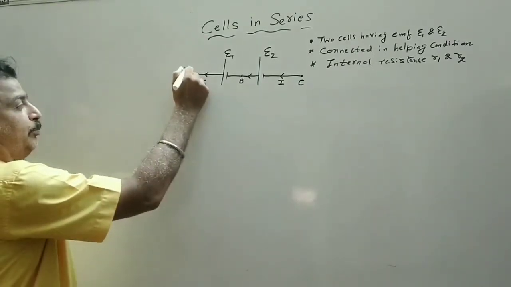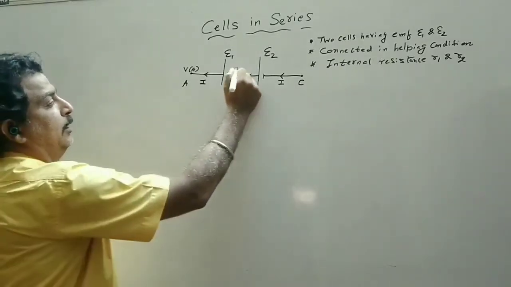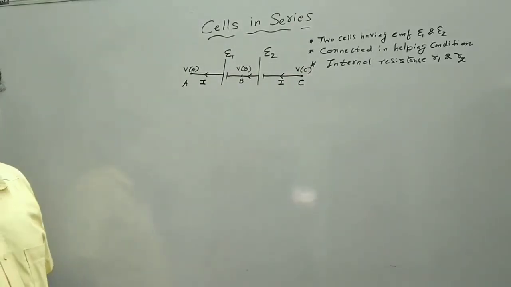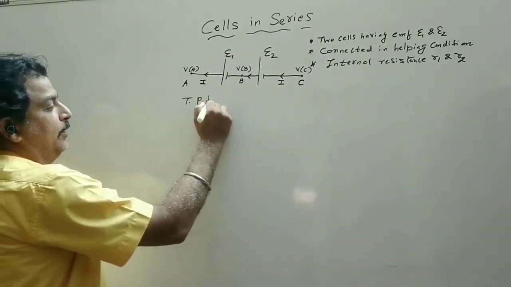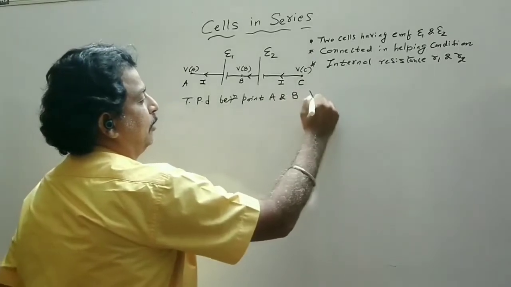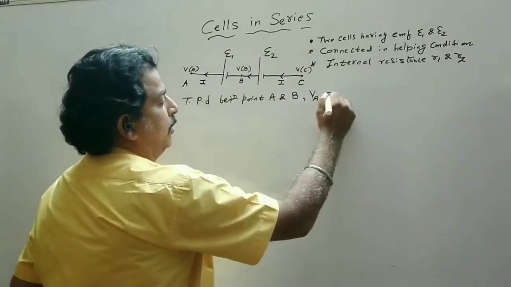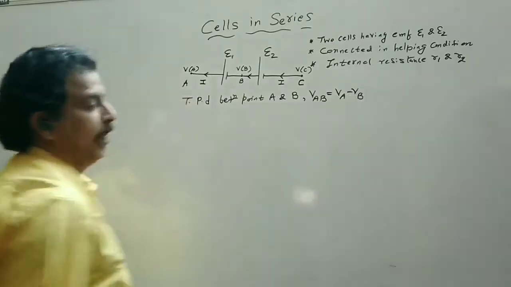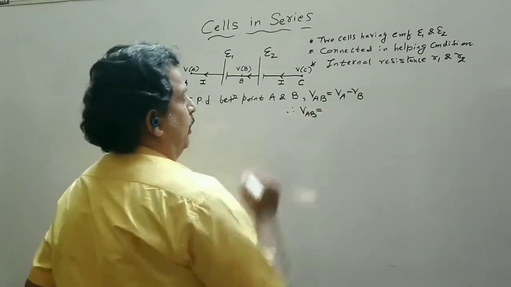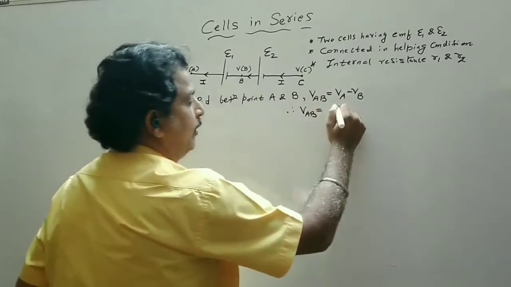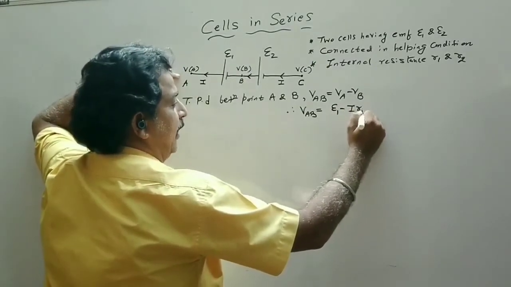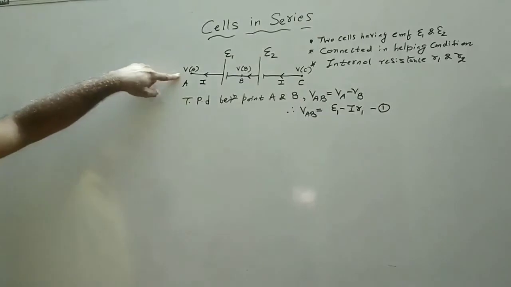So if the potential at point A is VA, potential at point B is VB, and potential at point C is VC, the terminal potential difference between points A and B, VA minus VB, by definition is E1 minus I R1, that we have studied in the previous lectures.